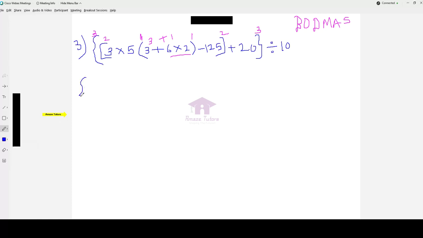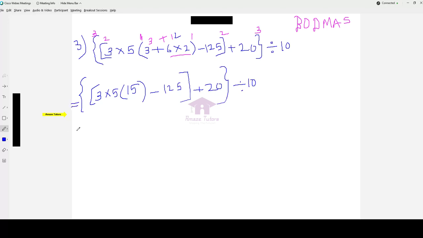So the next step will become 3 times 5, brackets 15, minus 125. So we finish the innermost bracket, which is equal to 15. So I have 20 here. I need to write that. Divided by 10 is outside.